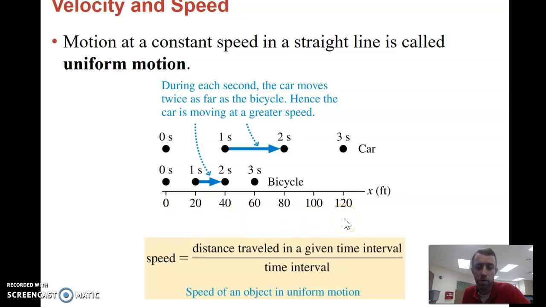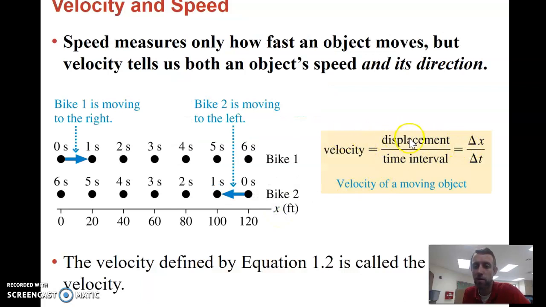The displacement would be, if you started at 0 and ended at 120, 120. But the distance is all of those individual legs added up together. It doesn't matter the direction that you go. Displacement divided by time is velocity. It gives you more information because it's how fast and in what direction.